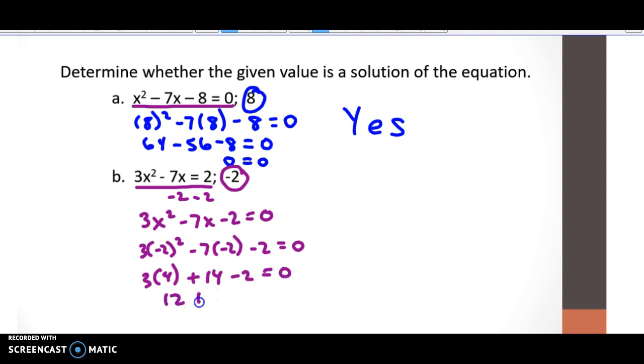And so now I have 12 plus 14 minus 2, and 12 plus 14 is 26. 26 minus 2 equals 24. 24 does not equal 0. So negative 2 would not be a solution of this equation.